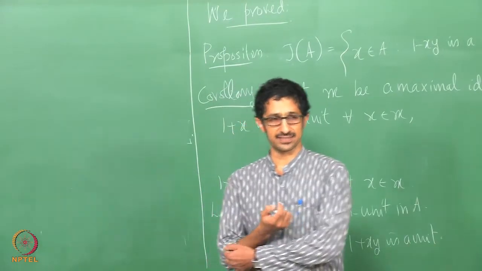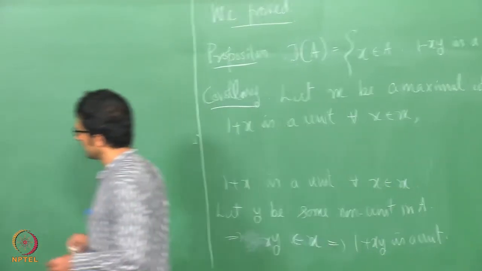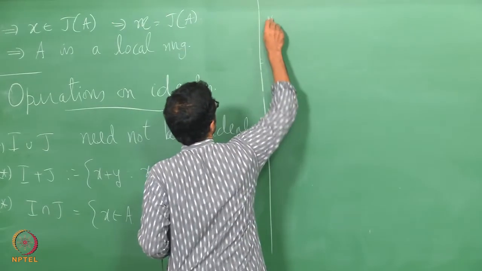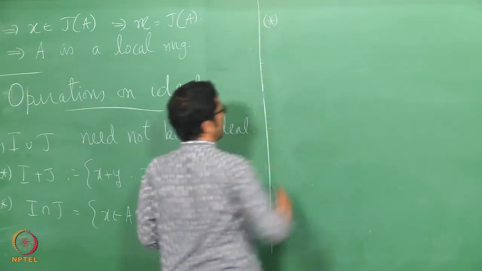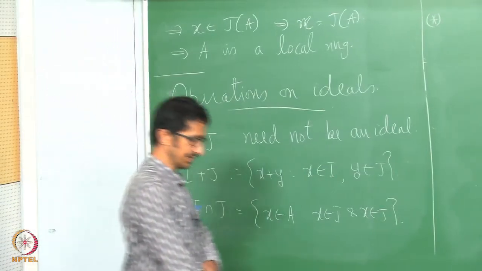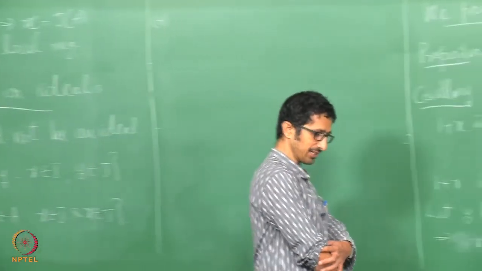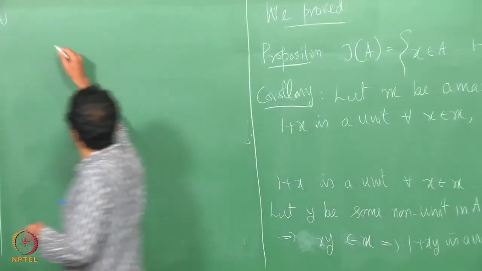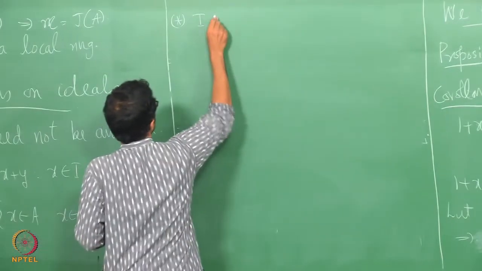Intersection of two ideals is again an ideal. Another operation that you have probably not seen so far in vector space theory or group theory is the product ideal IJ.